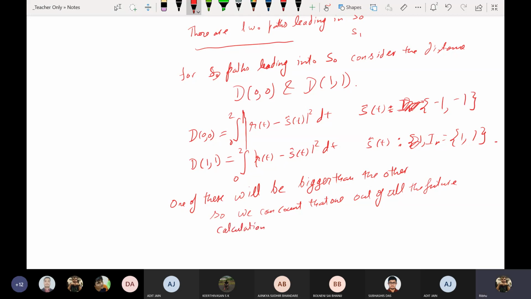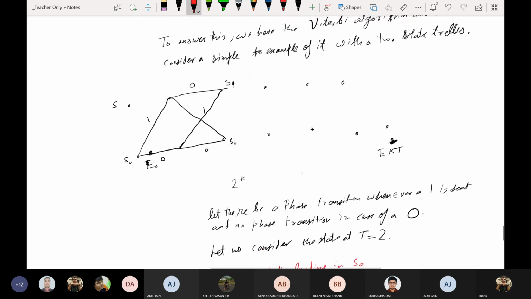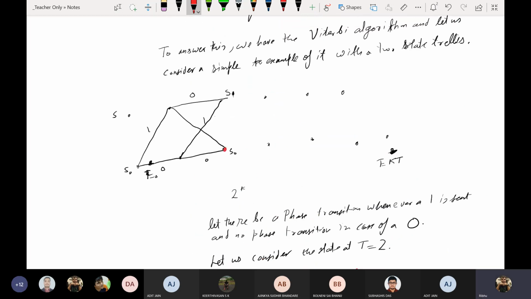Because so now if you start at this point, S0, when you are moving from S0 to this, or you're moving from S0 to here, or you're moving at t equal to 3, whenever you're moving anywhere, you either take this or you take this.